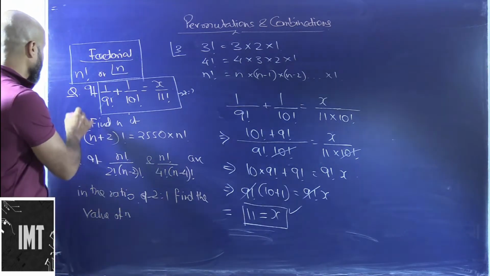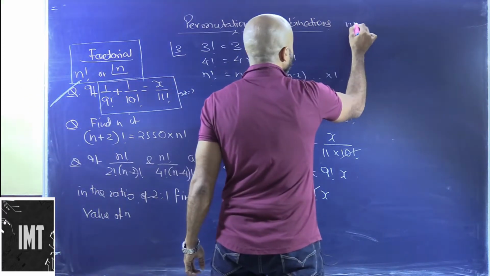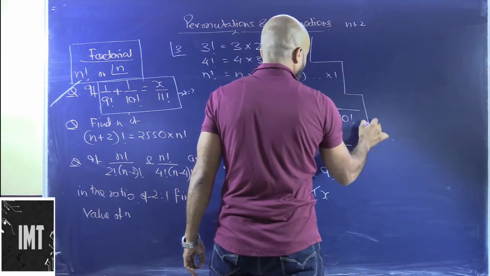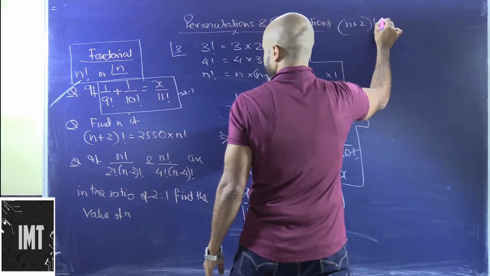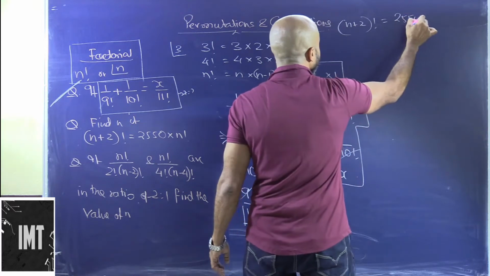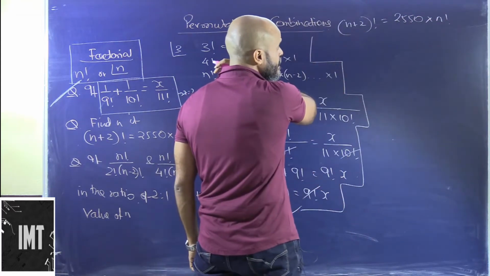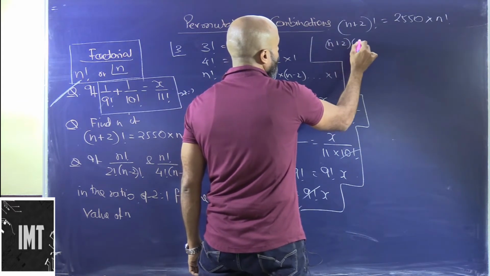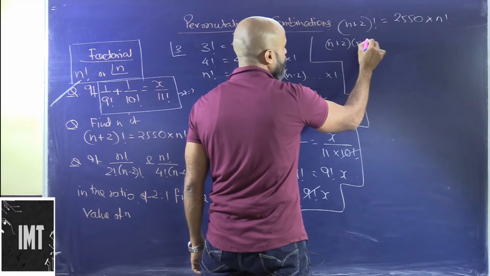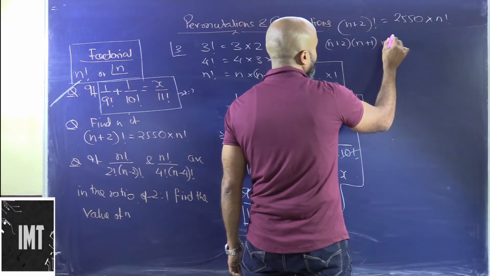The second sum that we have here is find n if n plus 2 factorial is equal to 2550 into factorial n. So what we have is n plus 2 into n plus 1 into n factorial, right?